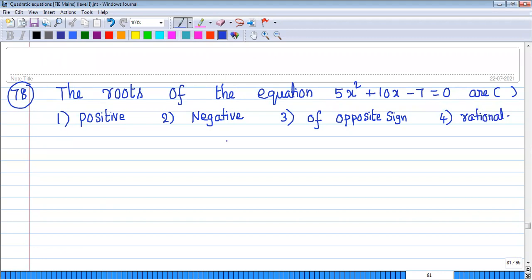The roots of the equation are positive, negative, opposite sign, or rational. That we need to check now here.